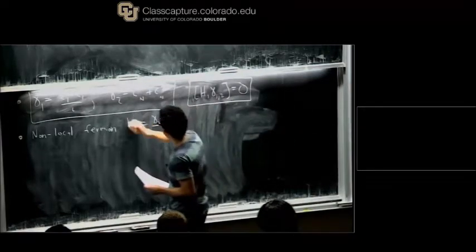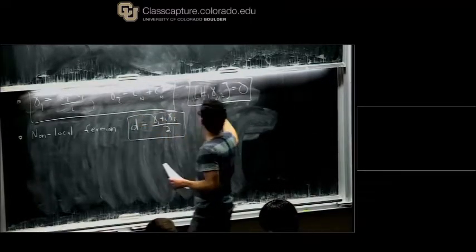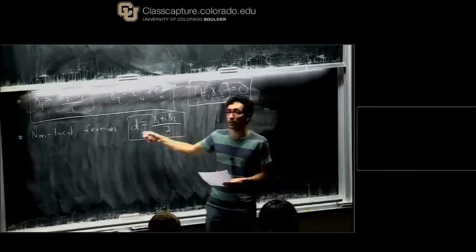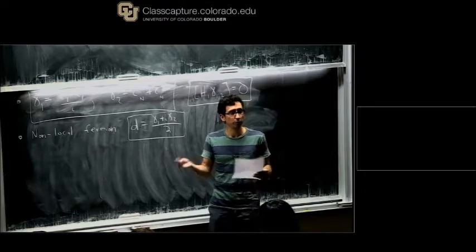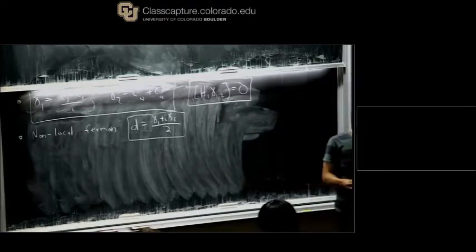Okay, so since gamma 1 and gamma 2 commute with the Hamiltonian, I can add or remove a fermion from that d level without changing the system's energy. Right? And therefore, we have a ground state degeneracy.